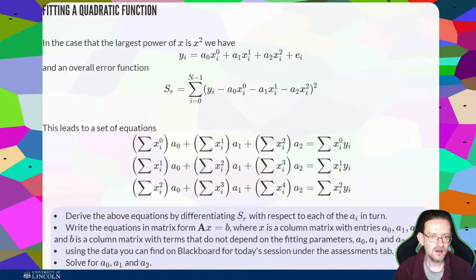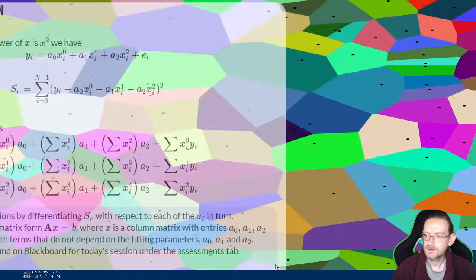So please sit down with pen and paper, write out these simultaneous equations, get them into matrix form so you're satisfied with what's going on, and include that in the working. Then fit the cubic to the data and do the same thing for a cubic problem on Blackboard. On Blackboard you'll find a general question, a quadratic fit and a cubic fit, and upload your working. So that's there.